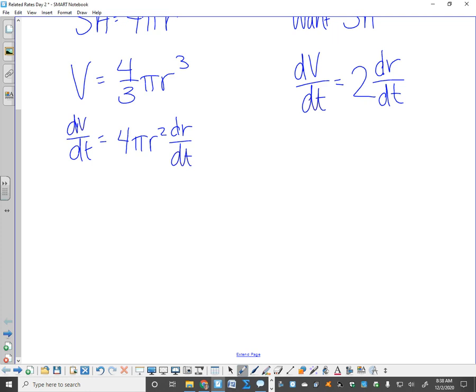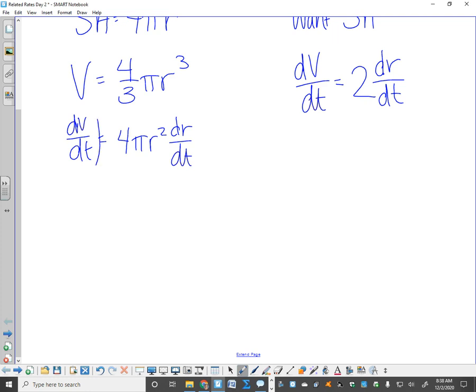Let's see. I know I don't have dV/dt, and I don't have dr/dt, and I don't have r. So I don't have any of these variables that are in this formula. But I know that dV/dt equals 2 dr/dt.